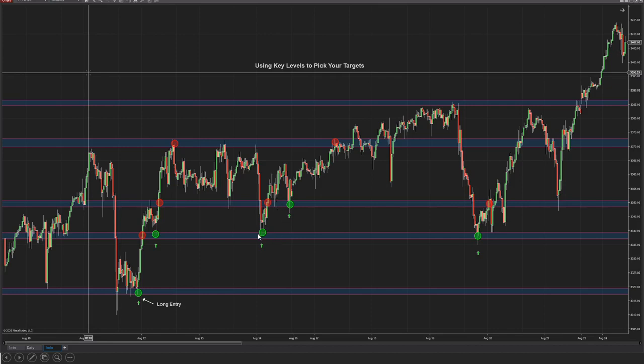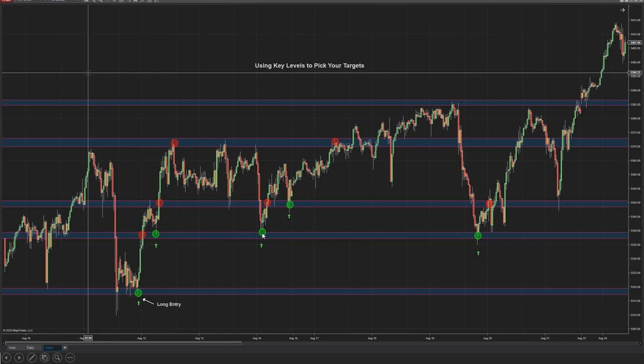It really depends on your level of confidence. This is why I like to trade multiple contracts, and I trade futures. If you trade stocks, multiple shares, whatever. Because let's say I'm getting long right here, and I know that there's a key resistance right here.